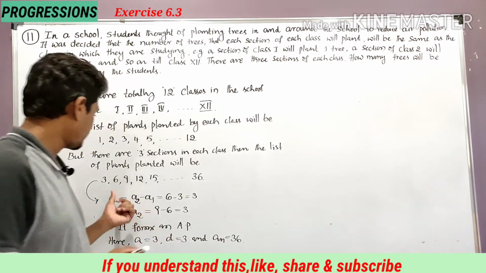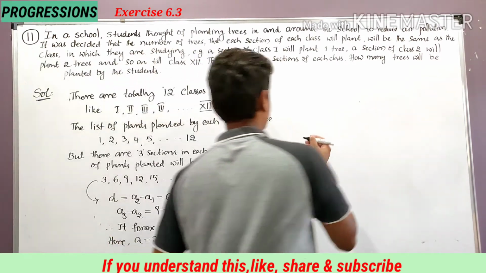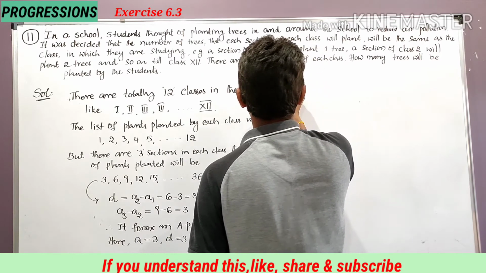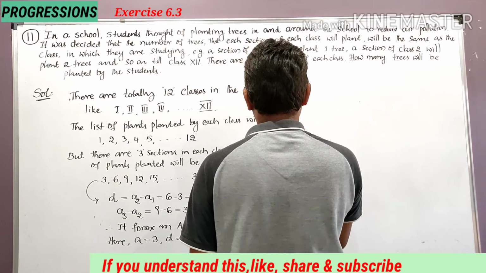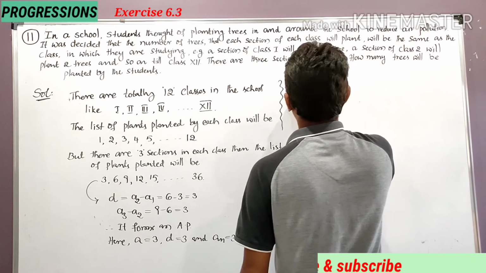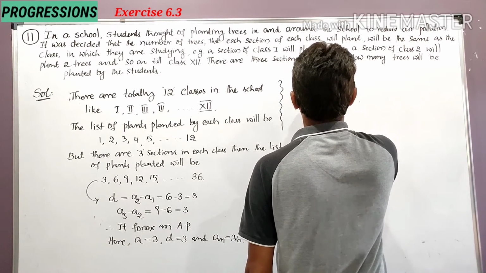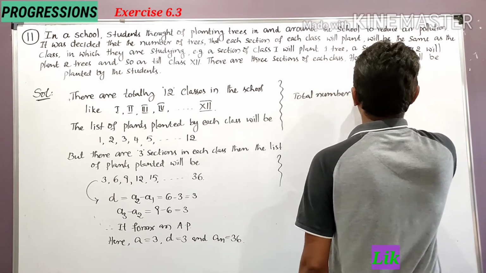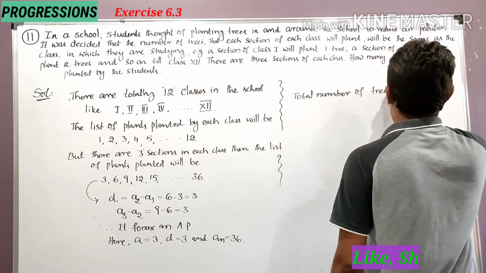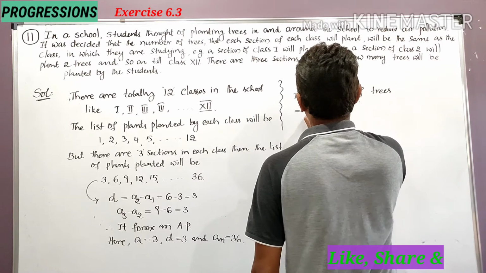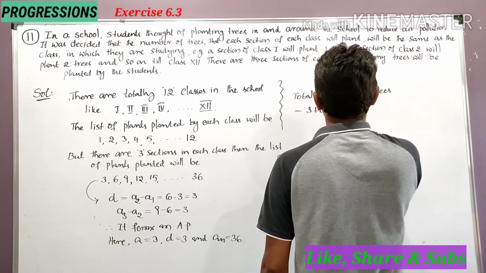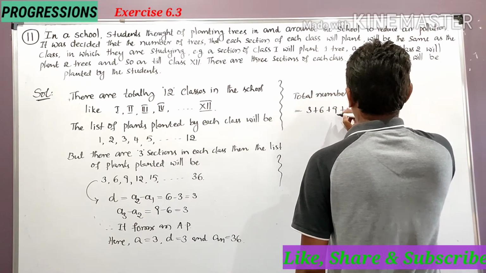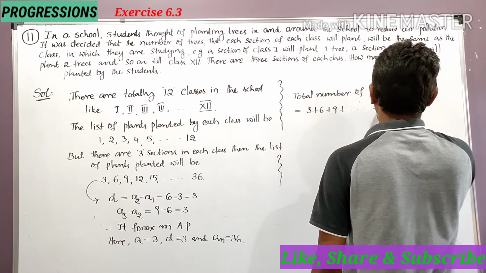So now we have to find the total trees. So total number of trees is equal to 3 plus 6 plus 9 plus up to 36.